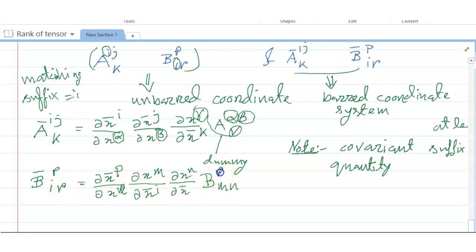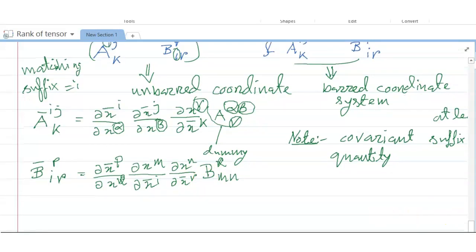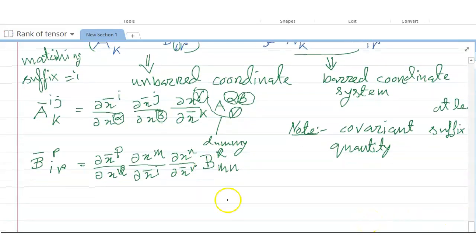This is the formula. I hope I can make it clear: ∂x̄^p/∂x^l, ∂x^m, ∂x̄^i, ∂x^n, ∂x̄^r, B^{lmn}. Very simple, friends. So I just have to do the inner product.